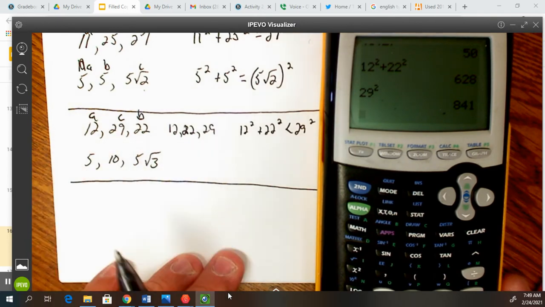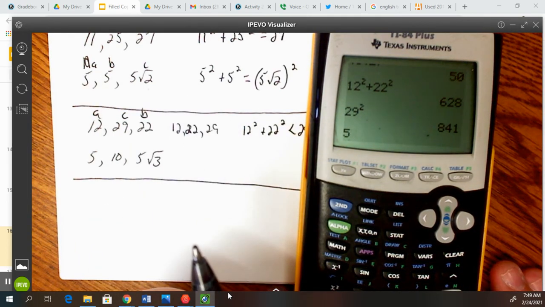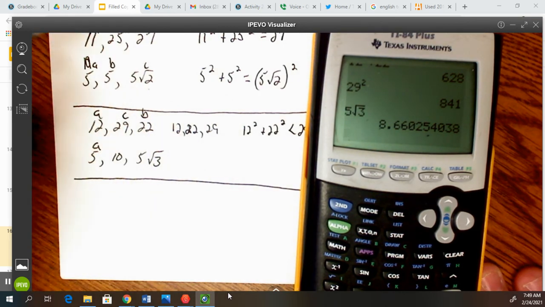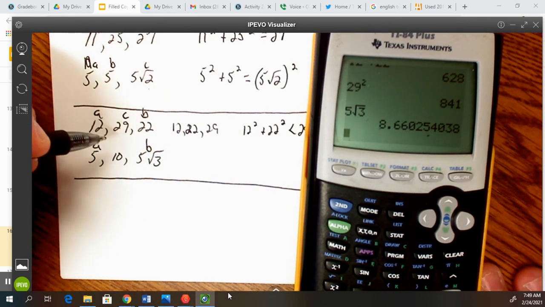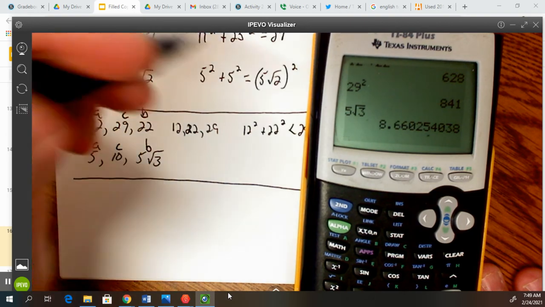And let's double check to make sure, see which one's the longest. 5 square root of 3 is 8.66. So I'd make this my A, make this B, and then that's your longest one, C. You always want the longest length to be C.